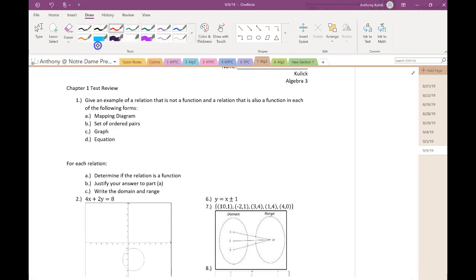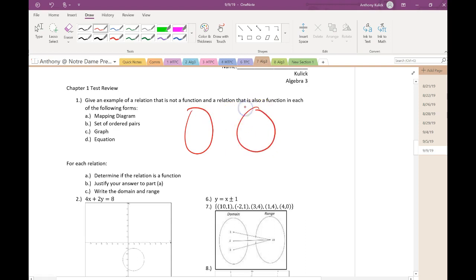What does the mapping diagram look like? What's that, Kate? Yeah, it's similar to this down here. Yep. Well, I put it on the review.